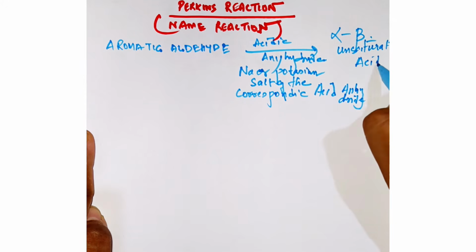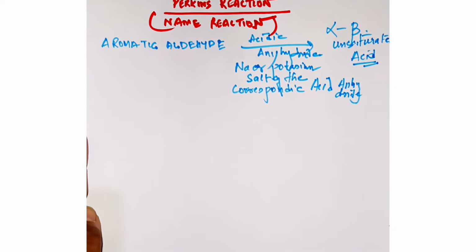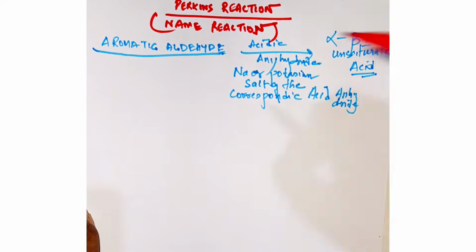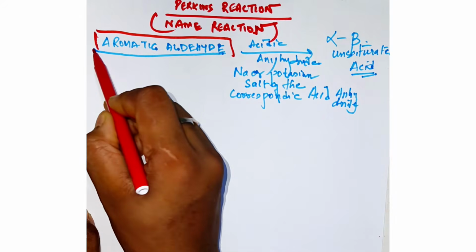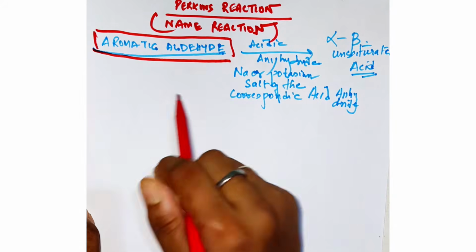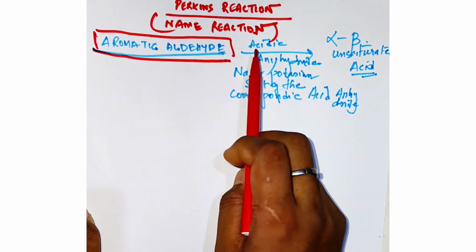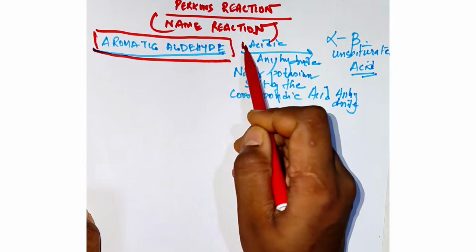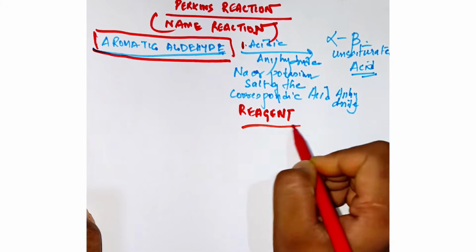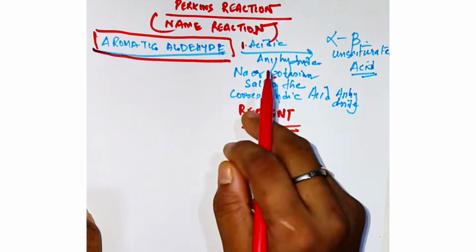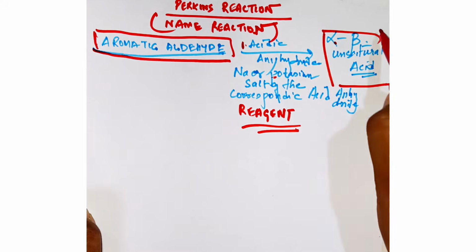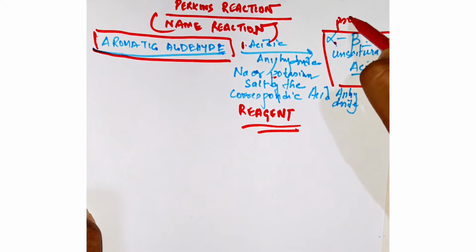There should be an aromatic aldehyde, which means it has a benzene ring attached to it, and the reaction takes place in the presence of acetic anhydride, which is your reagent, and the sodium or potassium salt of the same acid. Then you are going to get your product, the alpha beta unsaturated acid.